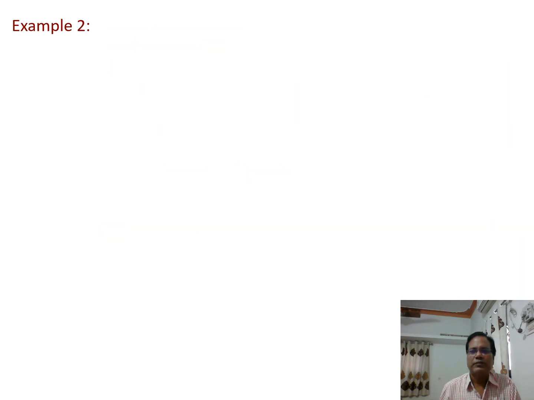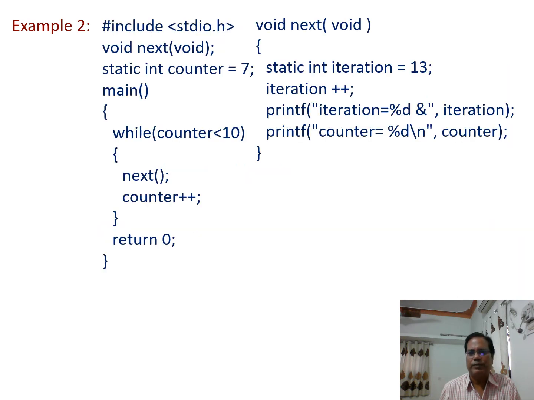Now let us see another example. In this example, we are using two functions. One is the main function, another is the void function. Whenever the void function is called, also in this program we are declaring a static global variable counter, and its value is initialized to 7.